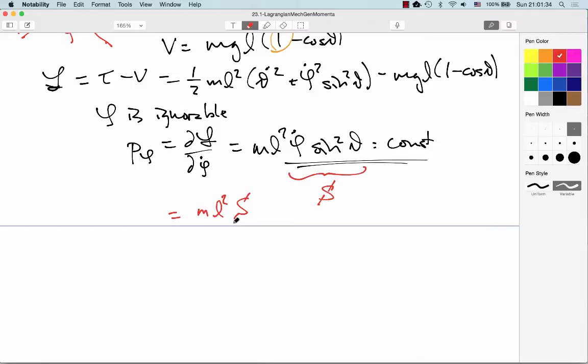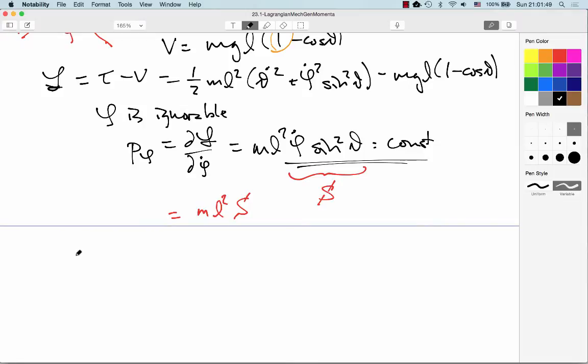All right. And that's the only ignorable coordinate we've got other than the time. But that's not going to help us here. All right, so theta is not ignorable.